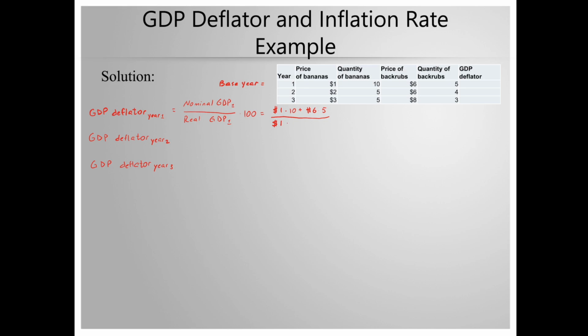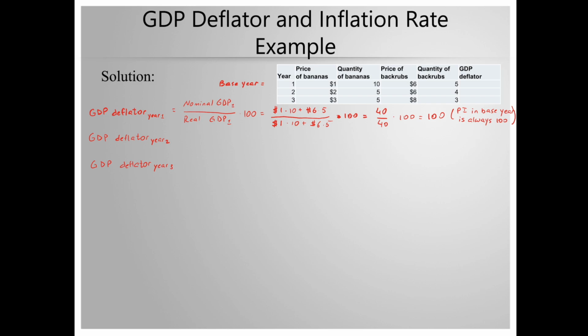So $1 times 10 units plus $6 times 5 units, that is equal to 40, over 40 times 100, and this is equal to 100. It is important to remember that the price index in the base year is always 100.